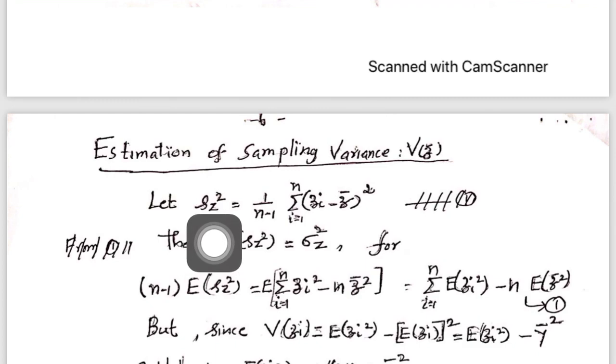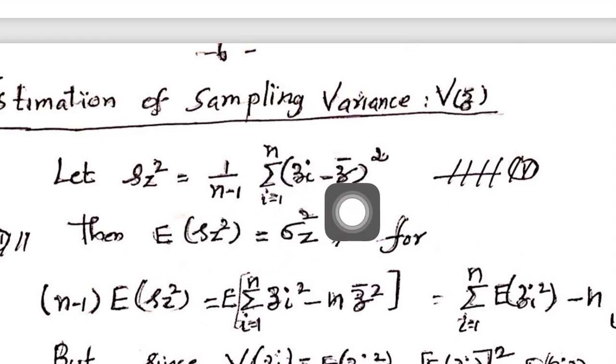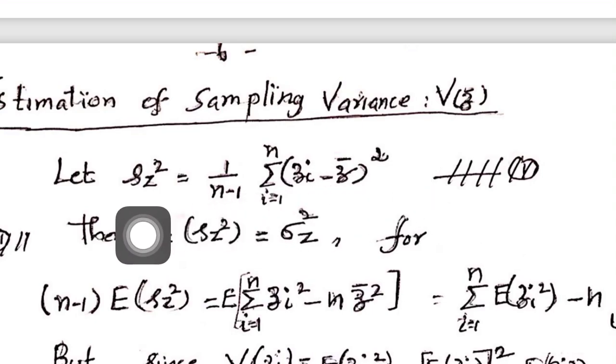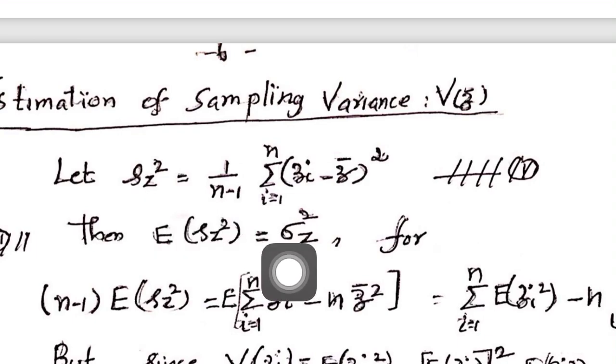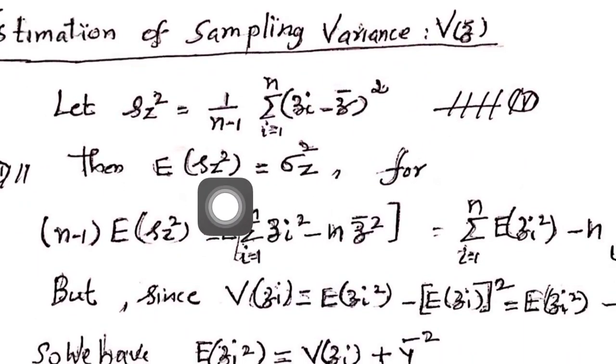You are defining a statistic here, and by definition, that statistic is 1 by small n minus 1 into sigma i equal to 1 to n, zi minus z bar the whole square. Okay, now what we are going to show is that the expectation of this small s z square is sigma z square, which we have defined here. Now you are going to prove that result, and you can see a resemblance of this result with your simple random sampling without replacement and simple random sampling with replacement.